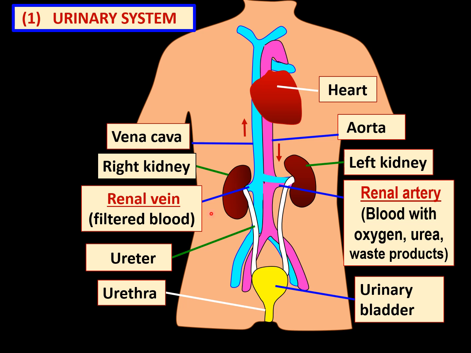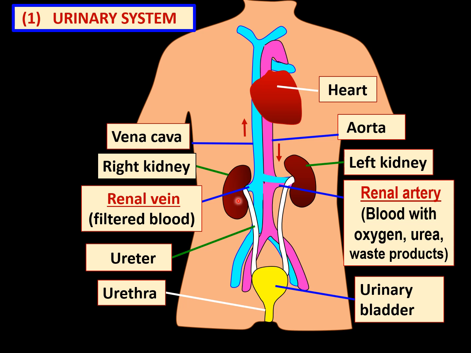Now, how about renal vein? So renal vein transports deoxygenated blood out of the kidneys. So renal vein has a lot of carbon dioxide, which is produced through the process of respiration in the cells in the kidney.